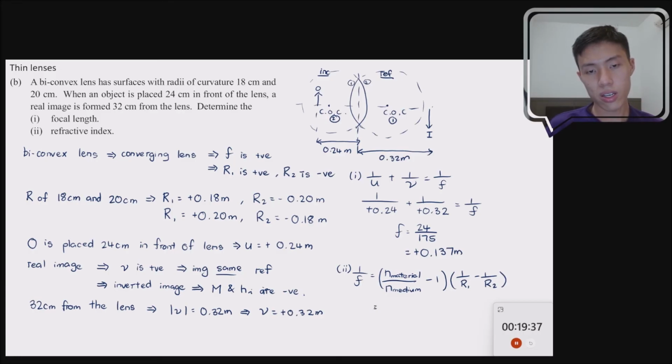So just substitute, 1 over f should be 175 divided by 24. You're just flipping the focal length. N material is what you need to find. I believe the medium is just air. You are putting the lens in a normal situation, so the surrounding is air, so it's 1.00, minus 1 over R1, if you put positive 0.18, minus 1 over R2, we put negative 0.20.